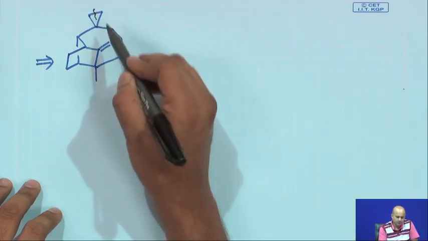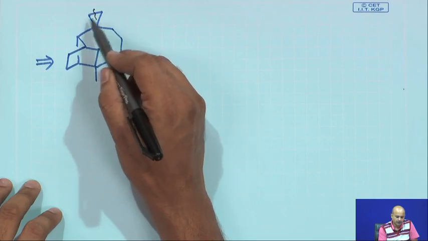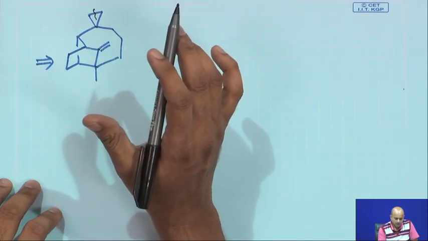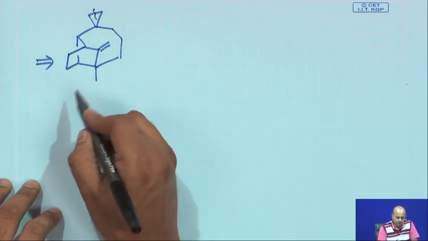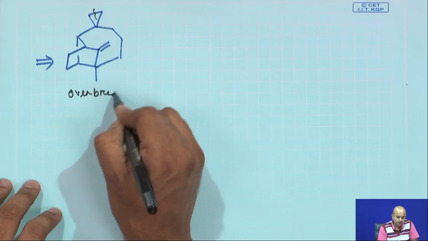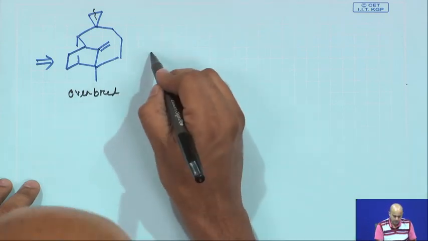If I chop this cyclopropane, I will get the gem dimethyl. This was one of the speculations or one of the proposals. So, this is the real overbred which was initially proposed.